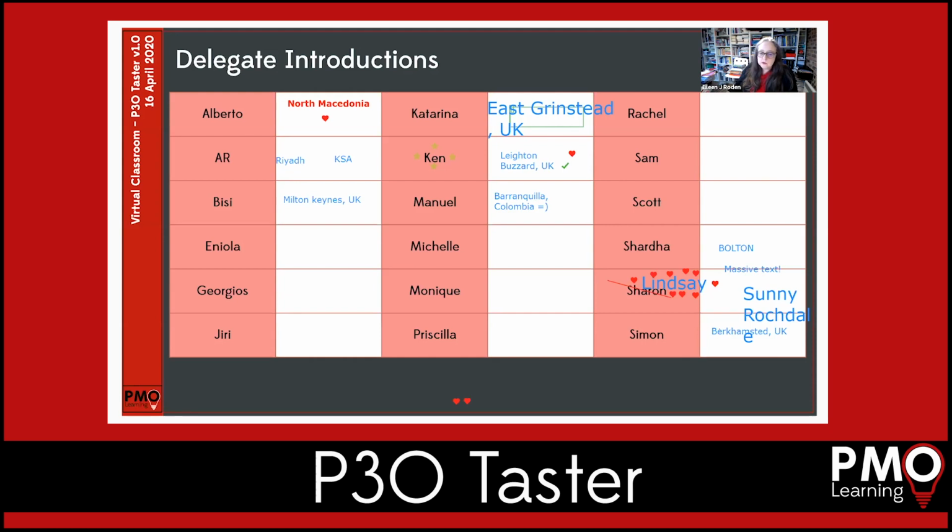Have you found your emotions? I don't mean personally found your emotions, I mean your emotion key. There we go, so Ken's given me the thumbs up. Everybody else find the thumbs up?